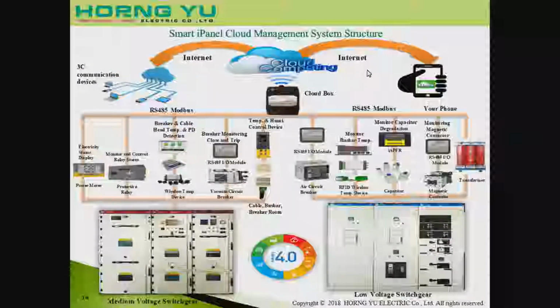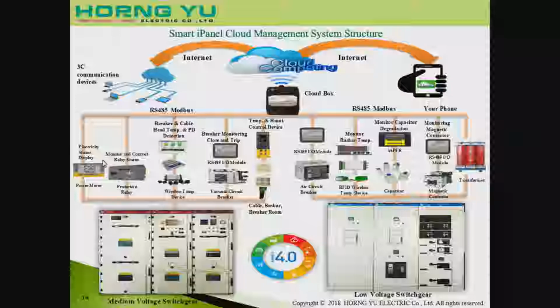This is the overall structure that you can see. This is the medium voltage, and this one is the low voltage. Inside, components like a VCB, ACB, or a magnetic contactor all require an embedded DIDO module so that they can connect with a cloud box, or you can say gateway, to transmit the data to our database center and then store it through our server to give you the information collection.